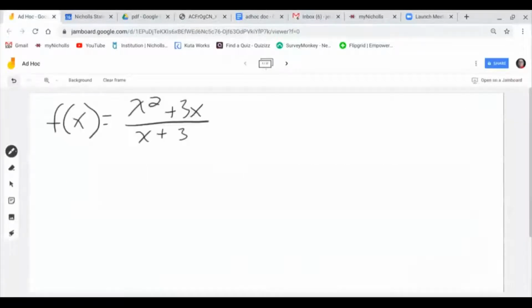So here, what I see immediately is that we have a domain issue. There's some value that is not in the domain of x. And whatever's going to make that denominator 0 is not going to be in the domain of x. So I know that this x right here can't be -3. f of -3 is not defined.